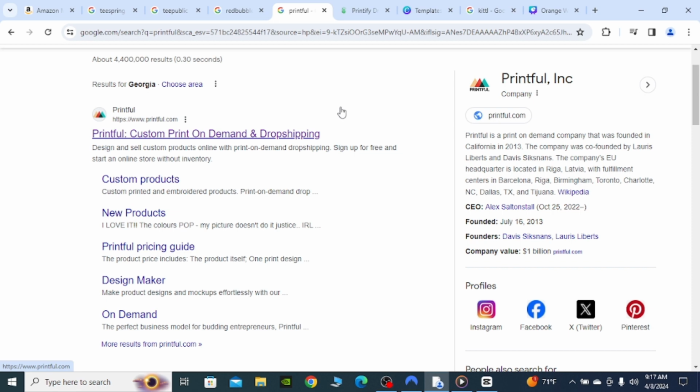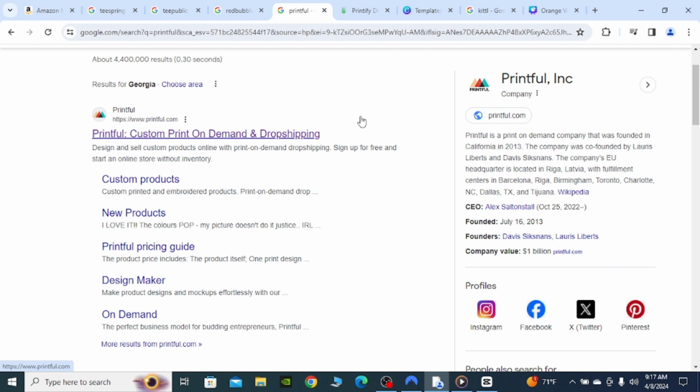Once you fill up the fund or the amount of money, if somebody purchases through your website, their details immediately go to this specific website like Printful or Printify, and they will charge the specific amount for the printing and delivering.